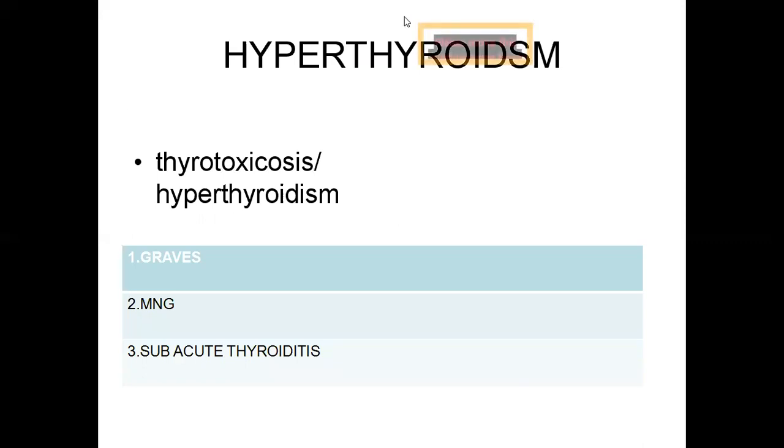Hyperthyroidism. There are two terms: thyrotoxicosis and hyperthyroidism. Normally both are interchangeable, but in general thyrotoxicosis is used when, with supplementation therapy in hypothyroid patients, we give excessive amounts of levothyroxine.